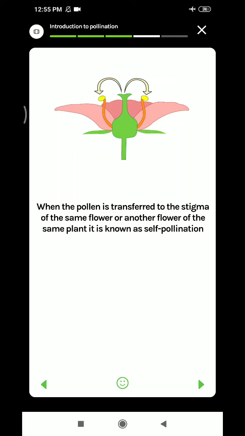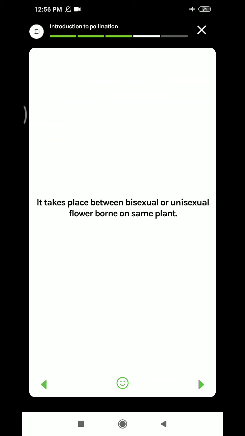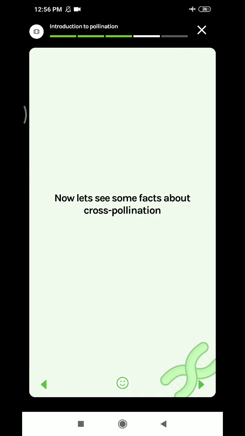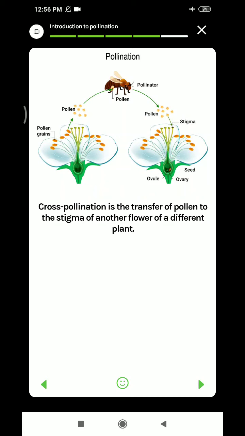In self-pollination, we have to remember first that self-pollination occurs in only one plant. That may be in the same flower or a different flower of the same plant. Understood? Then cross-pollination. Where will it occur? Remember, cross-pollination will not occur in the same plant.